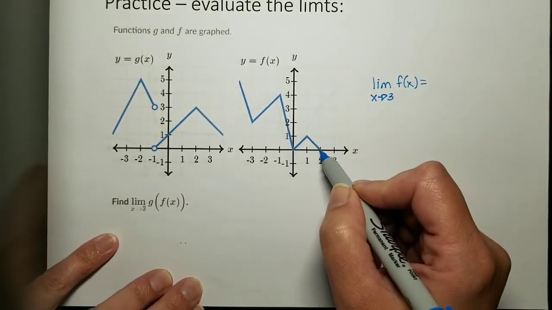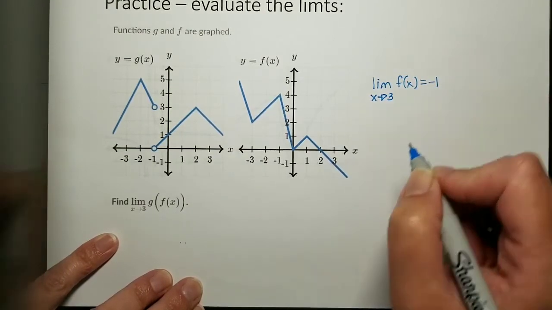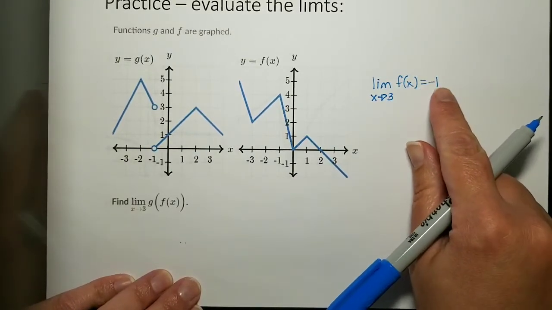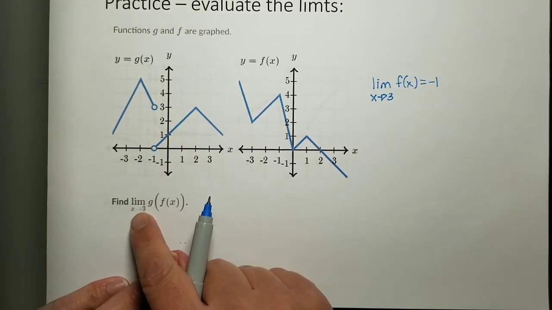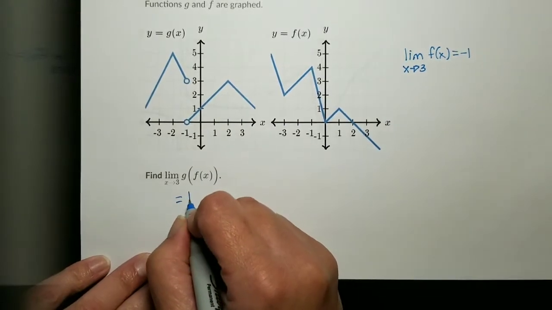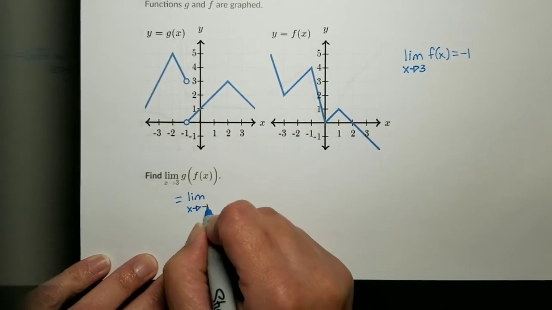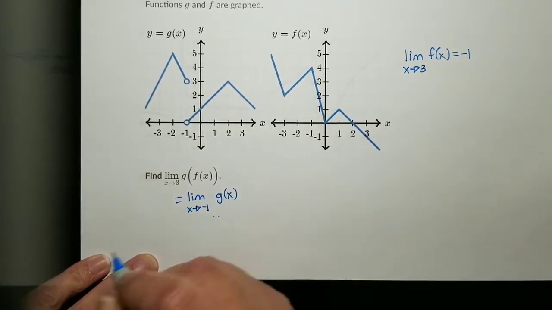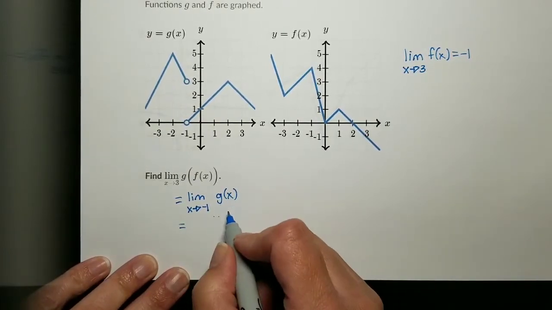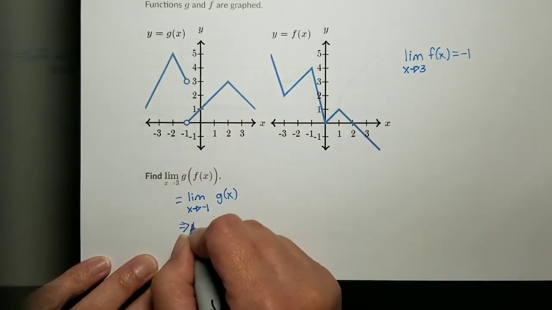And if we look as x gets closer to 3, the y gets closer to -1. So then this output, that y value, becomes the x value when we're evaluating the g at x function. So this is going to be the limit as x approaches -1 of g at x. And as x approaches -1, that does not exist.